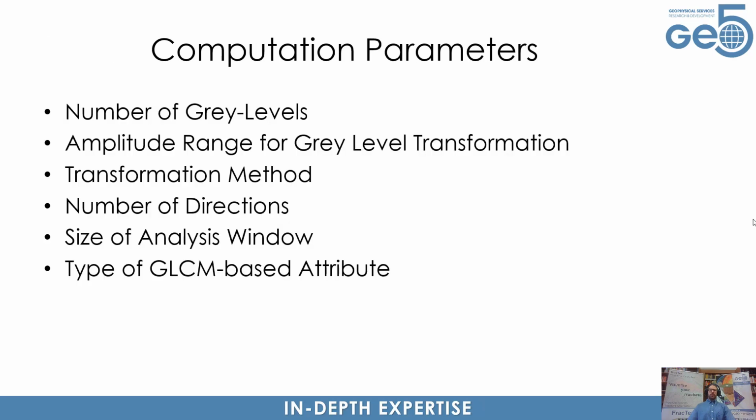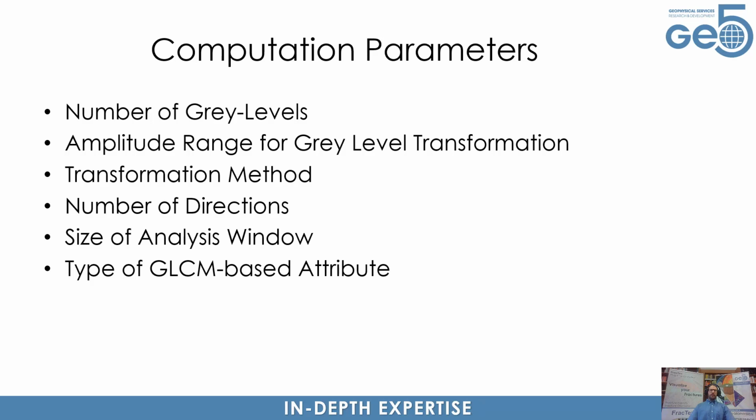In the FracTex plugin, we have to set a couple of parameters in order to run the computation. First of all, we have to define the number of gray levels. This number of gray levels can be any number you want, but typically we use values between 16 and 64.